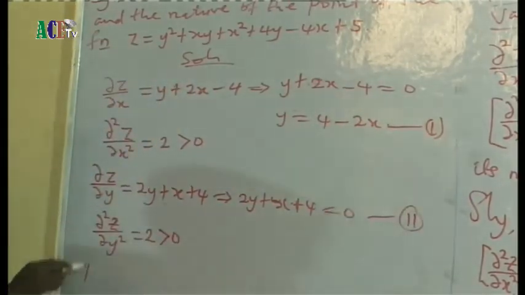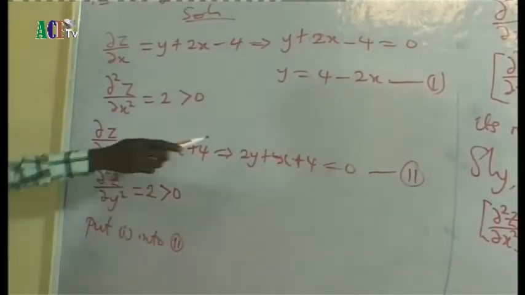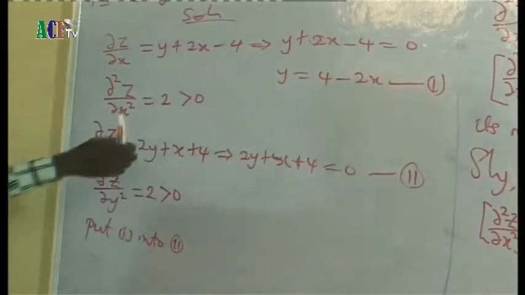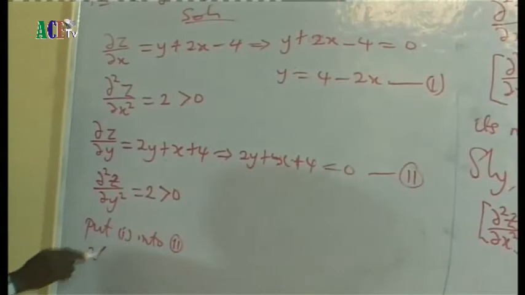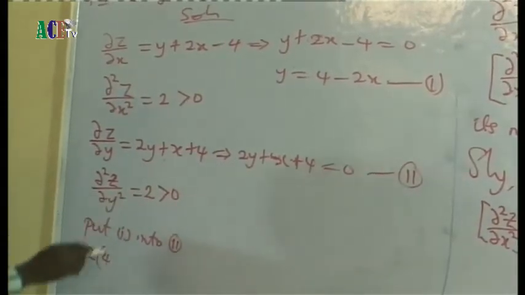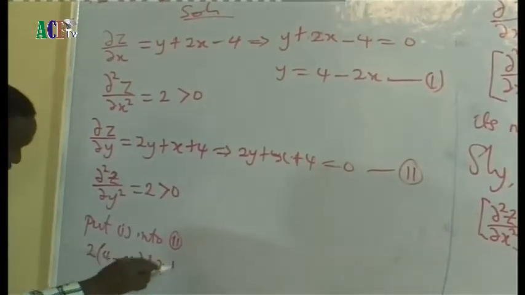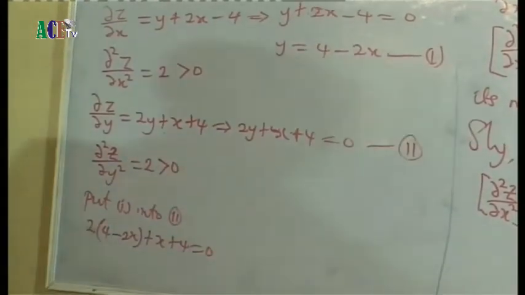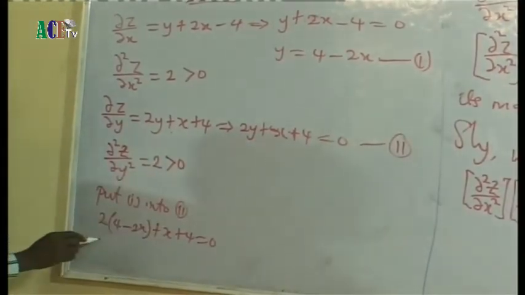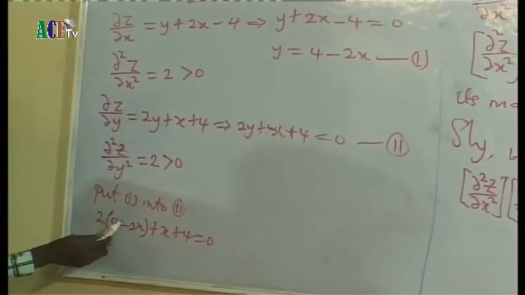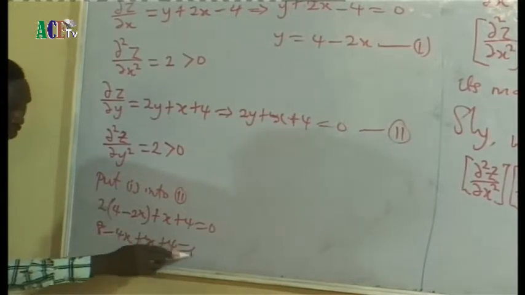So if I put 1 into 2, wherever I see y, I will put this. Now I get 2 into 4 minus 2x, plus x plus 4 is equal to 0. I have only variables of x. Now, I will open the bracket, I will get 8 minus 4x plus x plus 4 is equal to 0.